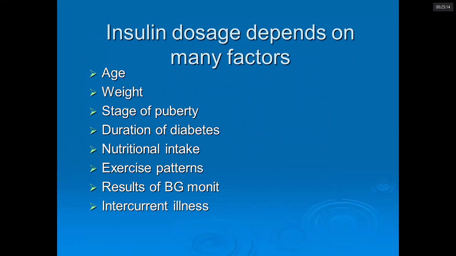Insulin dose depends on many factors like age, weight, stage of puberty, duration of diabetes, nutritional status, exercise pattern, result of blood glucose monitoring, and intercurrent illness. All this can affect the dose of insulin.